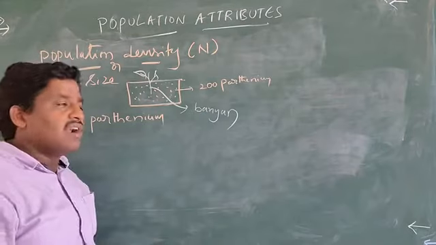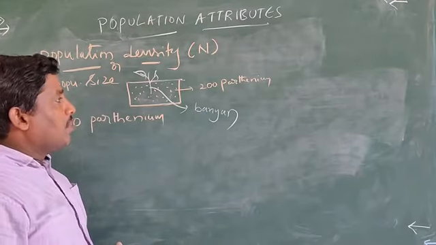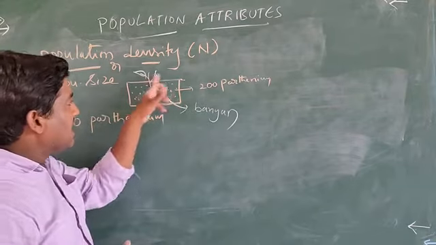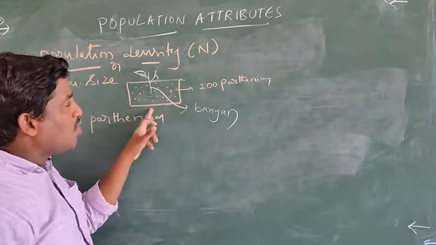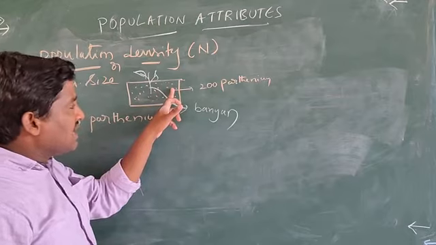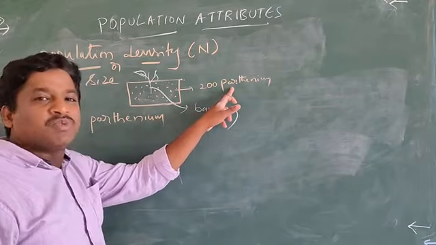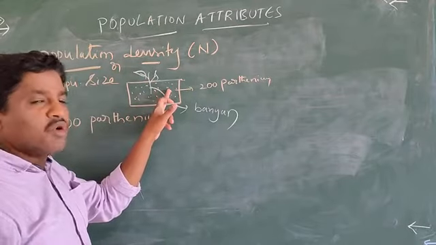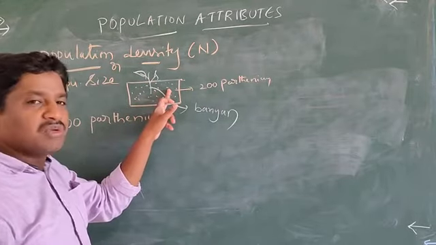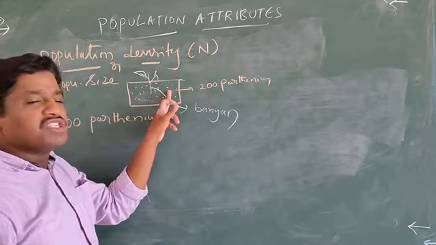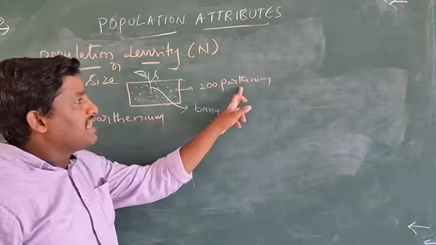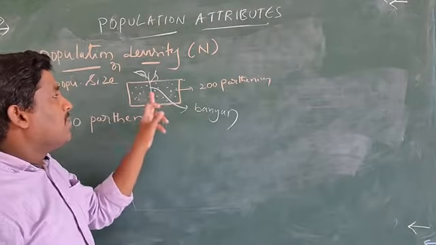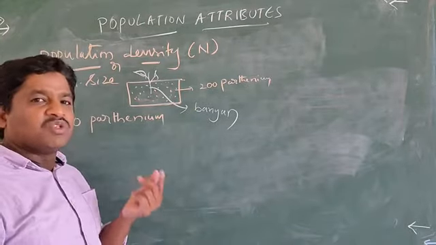Here the population density is more for the parthenium species in that area. The banyan tree's population density is less, because there is only one individual.